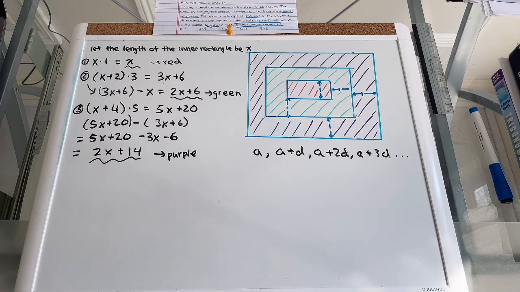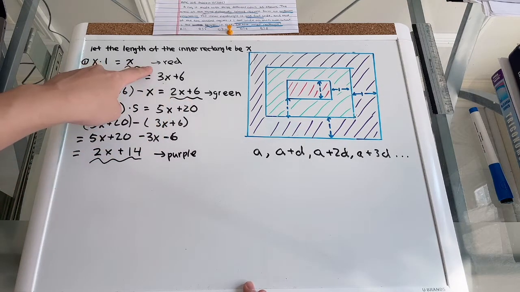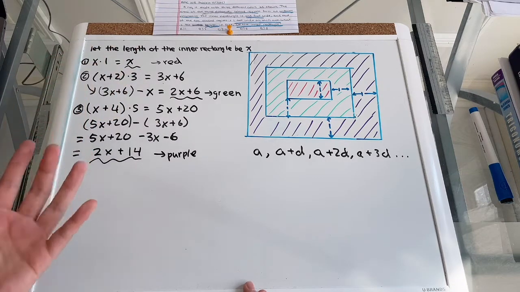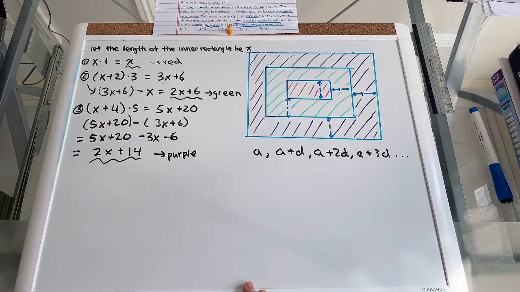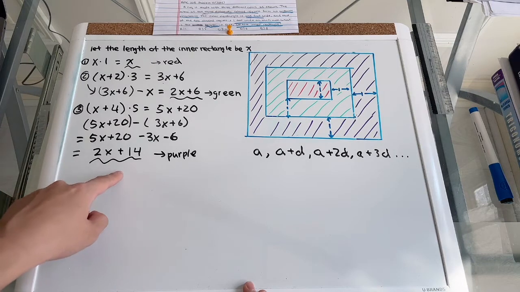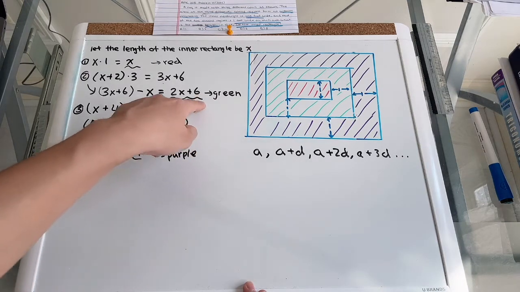So how can we represent what we are trying to say about the common difference without using the variable d? Well, we know the area of the green minus the area of the red is the common difference. And the common difference is also the same for the next consecutive pair, which is this shaded region minus this shaded region.